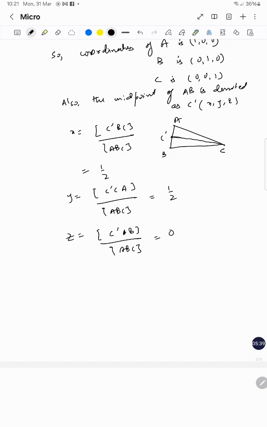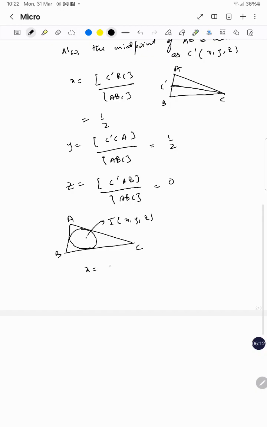So now we would like the coordinates of the incenter. And we know that the incircle is tangent to the sides AB, BC and CA. Let the coordinates be x, y, z.